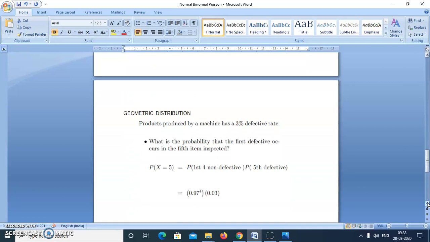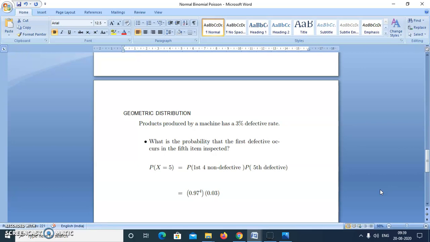Next is geometric distribution. What is the probability that the first defective occurs in the fifth item inspected? So for the first defective to occur at the fifth item, for the first four items we multiply the probability of failure, and then for the fifth item we multiply the probability of success.